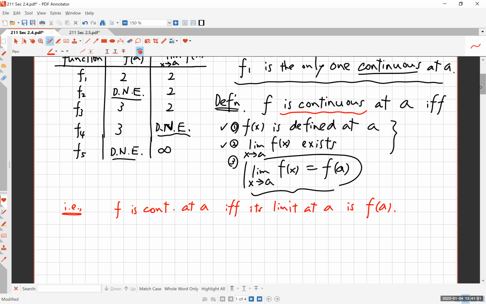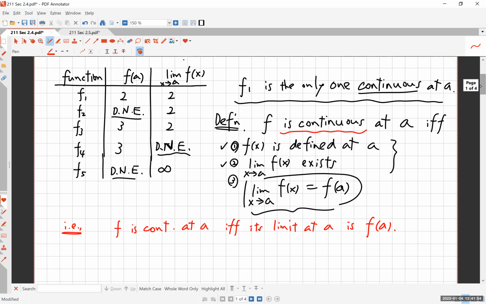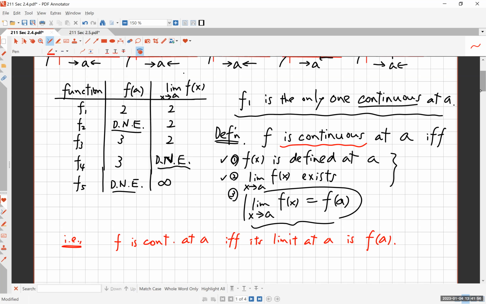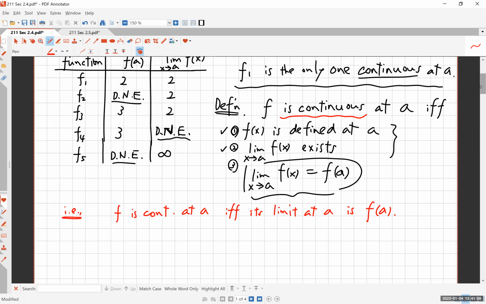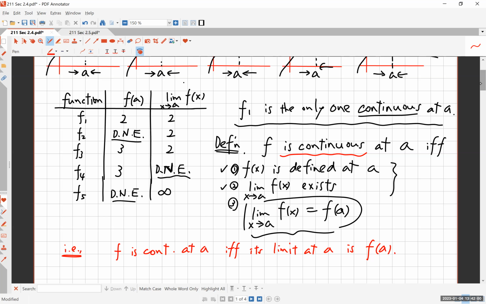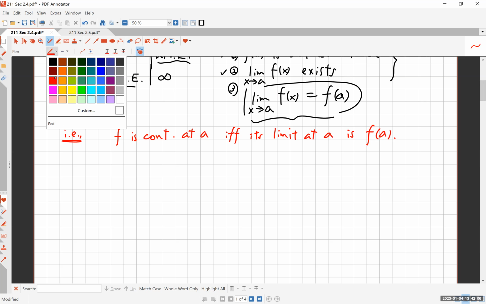Later on, if you continue to study mathematics and study more advanced topics, you may come up with a better and even more general and abstract definition of continuity. That's okay. In fact, some of these definitions are quite challenging to understand, using terms like epsilon and delta.